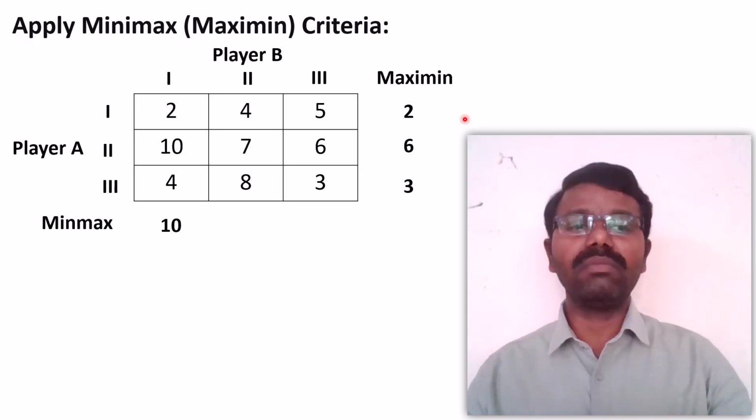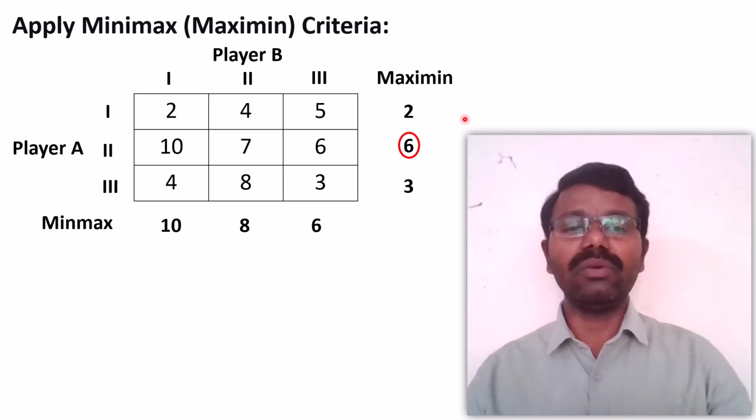In the first column, out of 2, 10 and 4, the maximum value is 10. For the second column, out of 4, 7 and 8, the maximum value is 8. In the third column, the maximum value is 6. Out of these three values, we need the minimum value. That becomes the minimax value, which is 6.